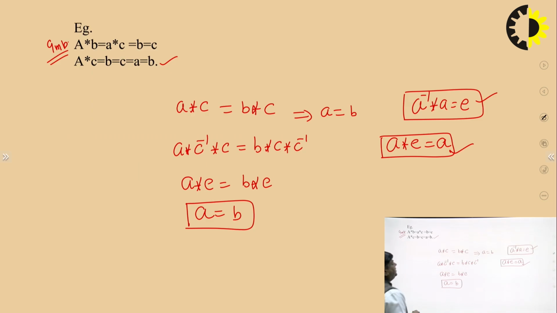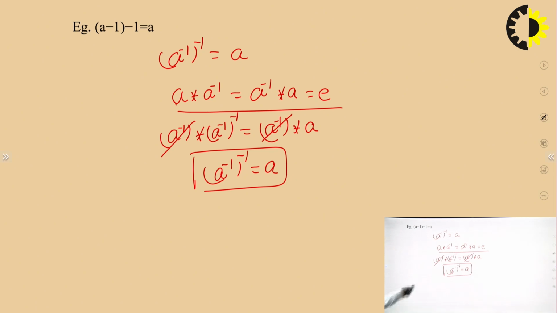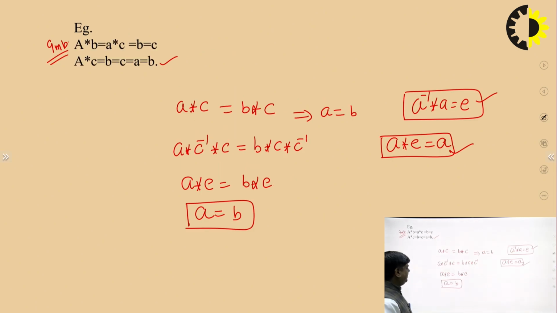and we take the inverse of both sides. It means A inverse inverse we write as B inverse. And in the previous property, A inverse of inverse we can write as A. It means here we write A. The first one is clear.